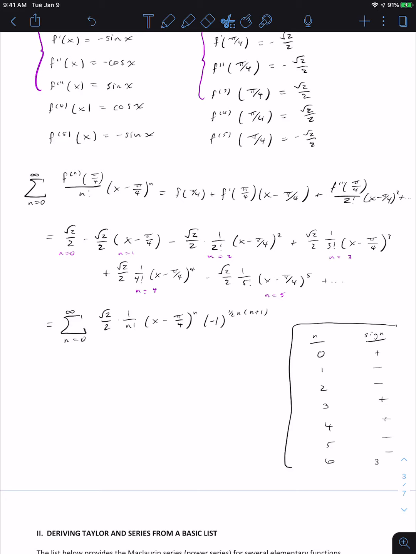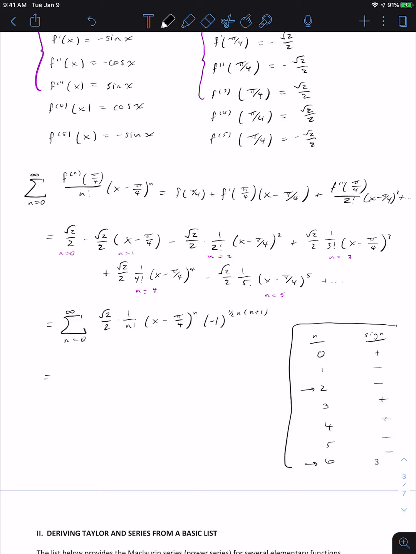Well, 1 times 2 would be 2, times 1/2 gives me 1, which would make it negative. The trick is that we still want some of the even powers to still be negative. In the case of n equals 2, it would be 2 times 3, which is 6, divided by 2, which is 3, and negative 1 to the third power gives me the negative sign that I need. So by trial and error, you see that that is the formula that we need for the negative 1.